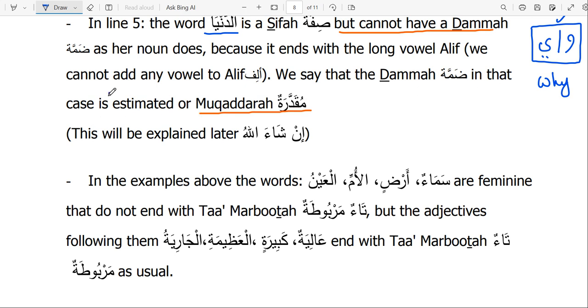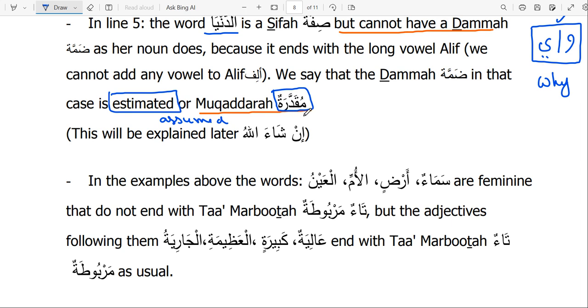You can also say as assumed, or in Arabic you can say muqaddara, where you are not allowed to put a haraka, but you will know that okay, there is a dhamma or there is a fatha or there is a kasra, but you're not allowed to put the haraka on it.